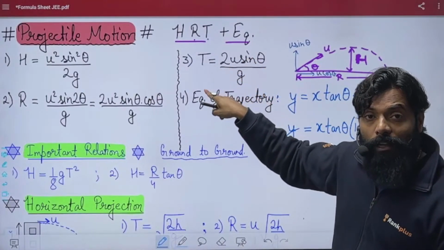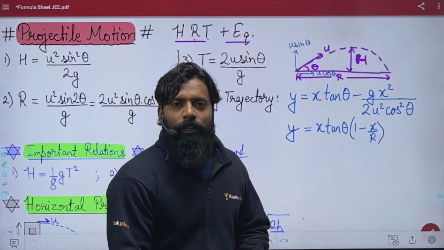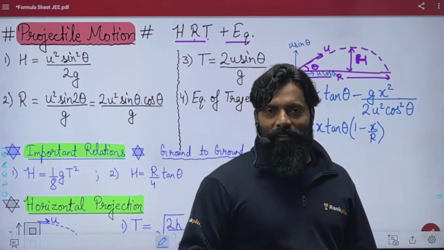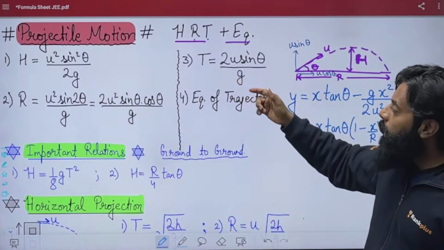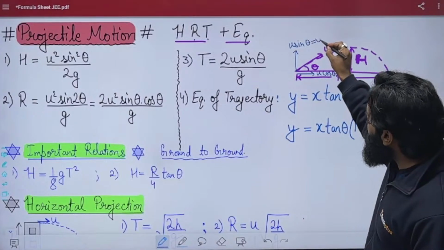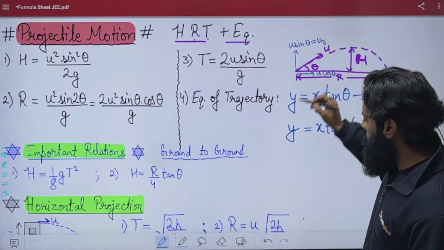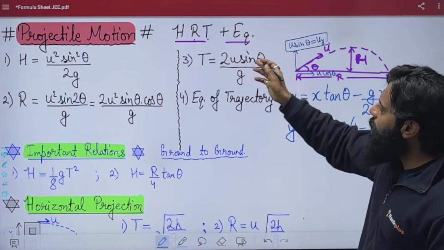It's similar to the formula when I am throwing the object vertically upward. See the pattern of the formula for the height and time. Here we are considering uy. If you consider uy, you will get the same formula.